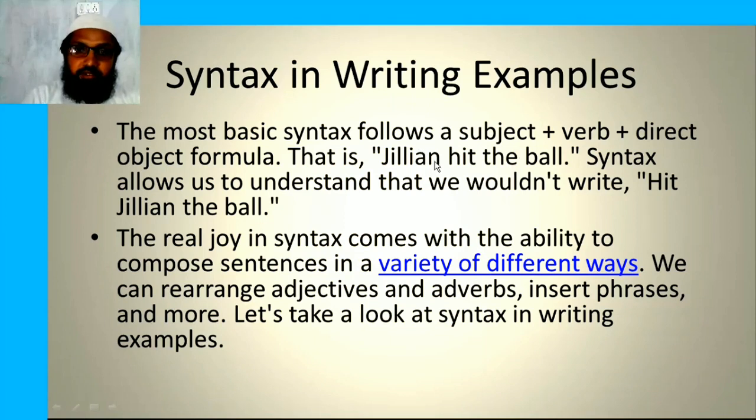Here Jillian is the subject, hit is the verb, and the direct object is ball. Syntax allows us to understand that we couldn't write, hit Jillian the ball. If we rearrange the words in the sentence, it will give some wrong meaning. Hit Jillian the ball. It doesn't give complete meaning.